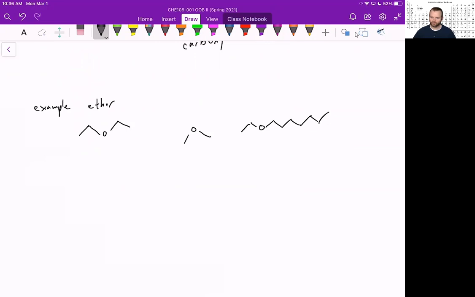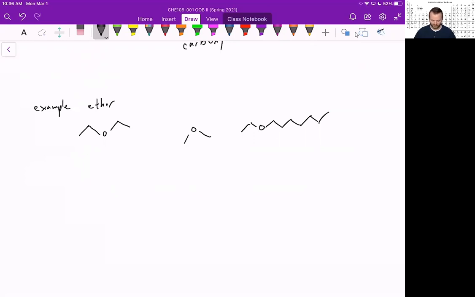The way you can remember ethers is that they have alkyl groups, that is carbon-containing groups, on either side of an oxygen atom. It's hokey, but those are ethers: an oxygen atom with alkyl groups on either side. A common mistake is confusing ethers with esters.